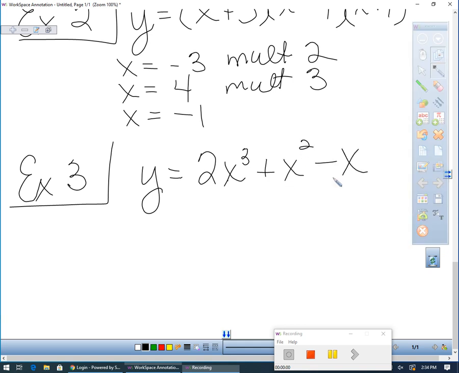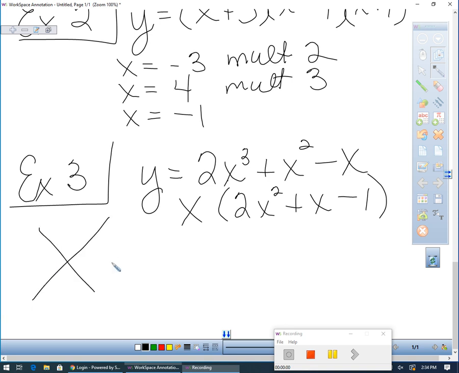So we have to factor. We take out the greatest common factor first, which is an x. Leaves us with 2x squared plus x minus 1. Now we draw our x. Last number times the first, negative 2. Middle number is 1. What are my sides?